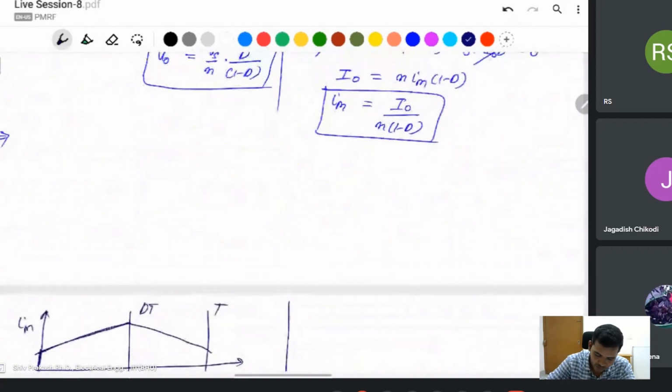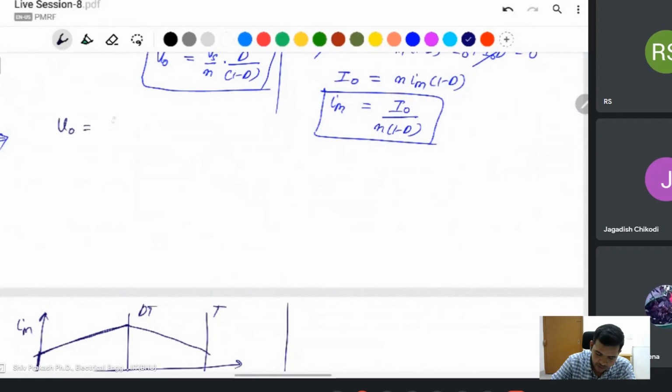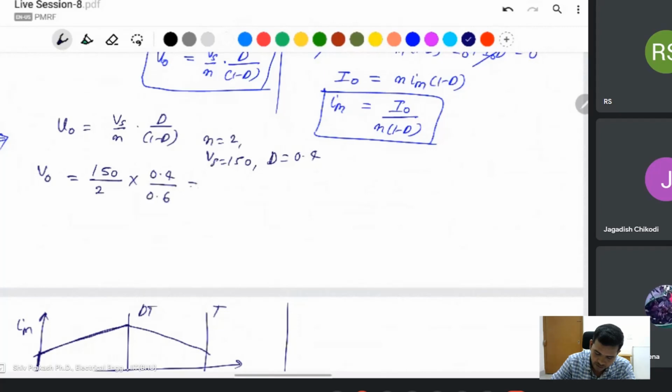I know the output voltage is Vs by n into d divided by 1 minus d. n is clearly mentioned as 2, Vs is 150 volt, d equal to 0.4, then you can find V output. 0.4, this one 0.6. 50 volt.